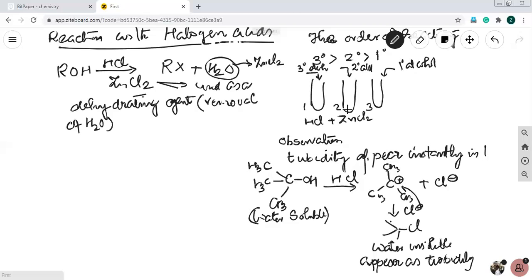In the case of secondary alcohol, the reaction rate is less. So a turbidity will appear after 5 minutes in test tube number 2.